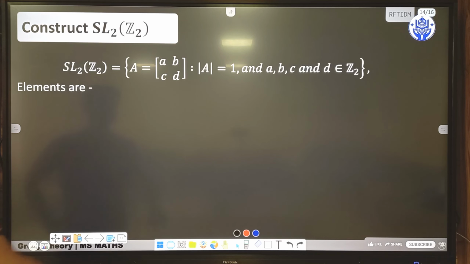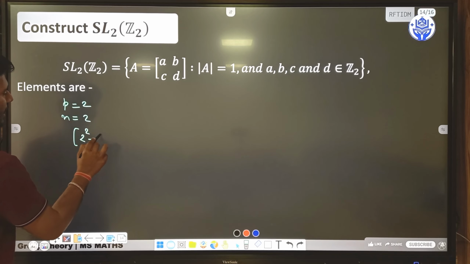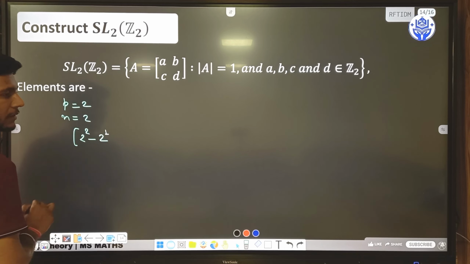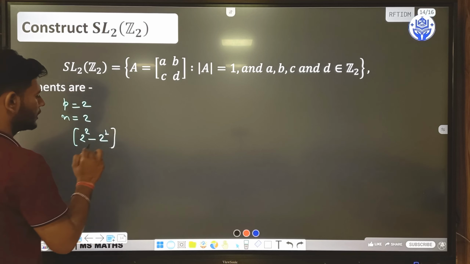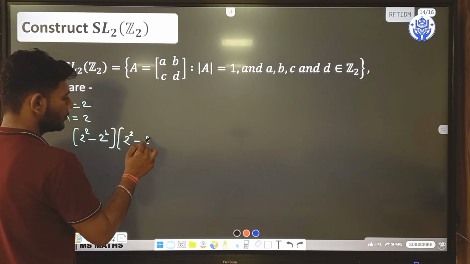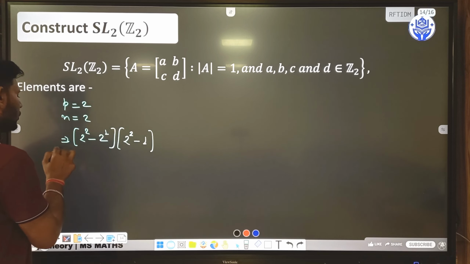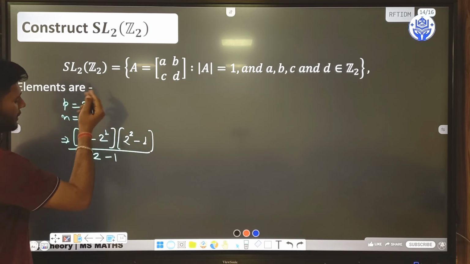First of all, I will find the number of elements. How many elements are there? So p is equal to 2, n is equal to 2. So 2 squared minus 2 to the power 1, and then 2 squared minus 2 to the power 0, which means 1 here. Divide by 2 minus 1, that is p minus 1.